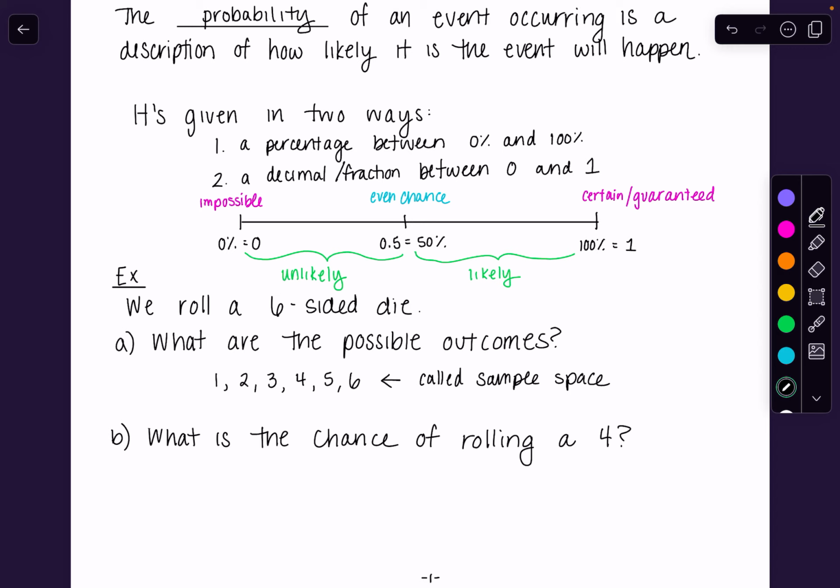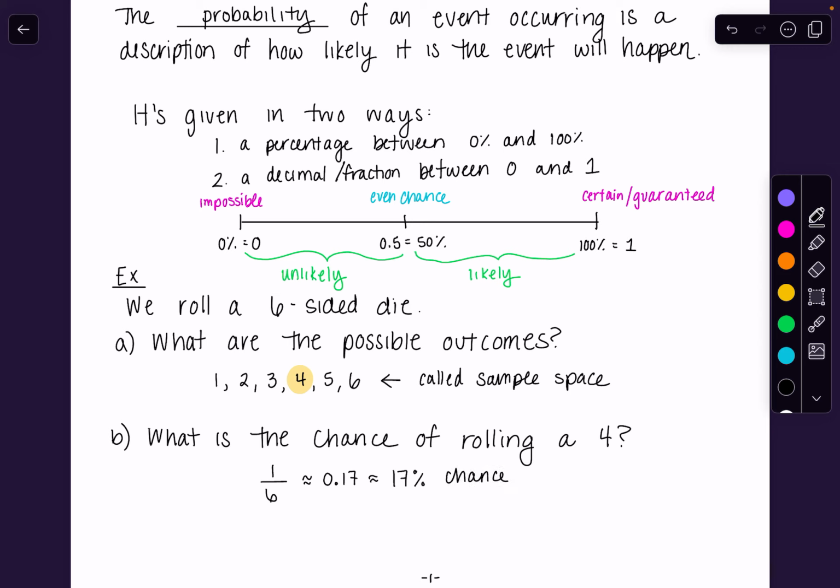So if I want to figure out my chance of rolling a 4, out of all of these, there is one event that makes me successful. So there is a 1 in 6 chance of rolling a 4. If you plug that into your calculator, you would see this is about 0.17 as a decimal, which means there's about a 17% chance of rolling a 4.